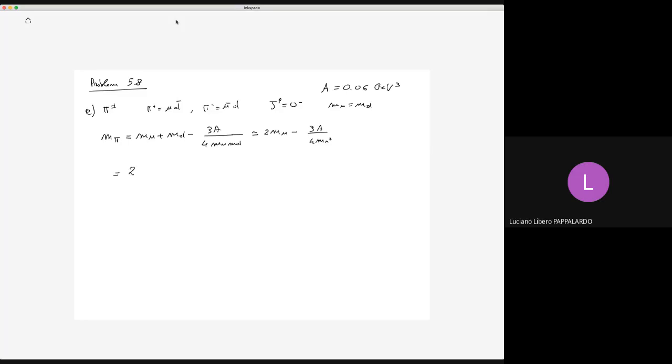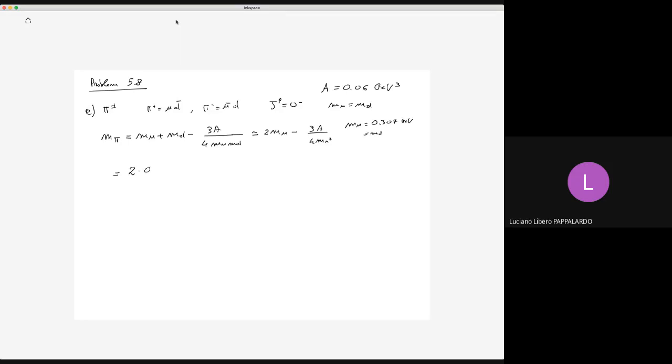So let's just substitute here. So we have twice the invariant mass. The constituent masses are also provided by the text. So the mass of U is 0.307 GeV, and it is the same for the down quark.